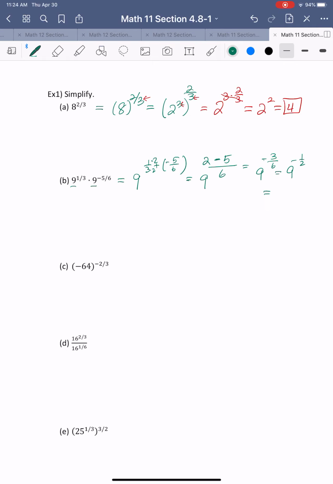Sorry, I messed up earlier. And then you can always change the negative power to positive by flipping the number. 9 is actually 3 squared, to the negative half, and 2 times a half is 1. So this becomes 1/3.